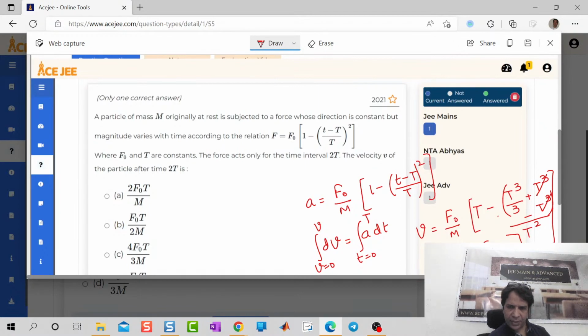Ruchika, beta, have I missed out on a factor of 2 here? So just checking. Okay. Let me quickly see the options.